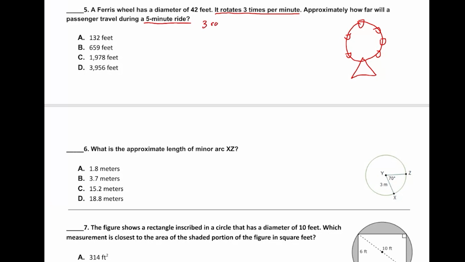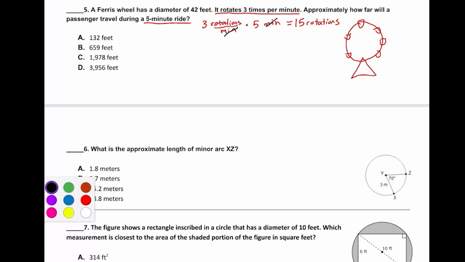So 3 rotations per minute times 5 minutes will give you a total of 15 rotations. Meaning, once we figure out what the circumference of this circle is, we need to make sure to multiply that by 15 because we're going around that Ferris wheel 15 times.